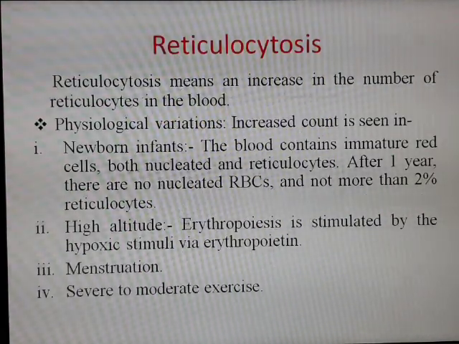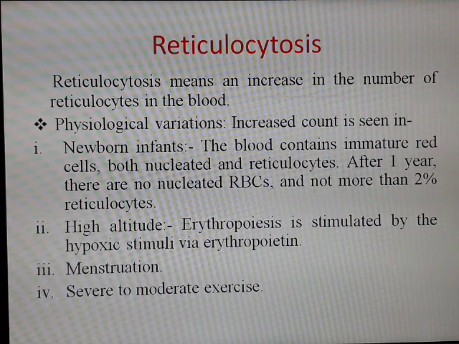Now, reticulocytosis. Reticulocytosis means an increase in the number of reticulocytes in the blood. There can be physiological as well as pathological variations. Physiological variations: in newborn infants we see reticulocytosis, that is, the blood contains immature red cells, both nucleated and reticulocytes. But after 1 year, there are no nucleated RBCs and not more than 2% reticulocytes.